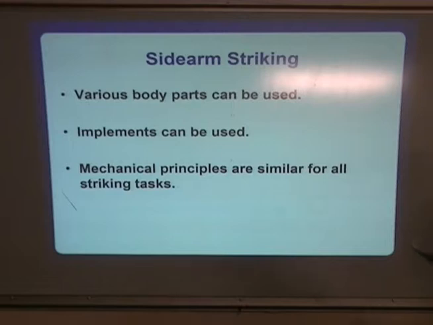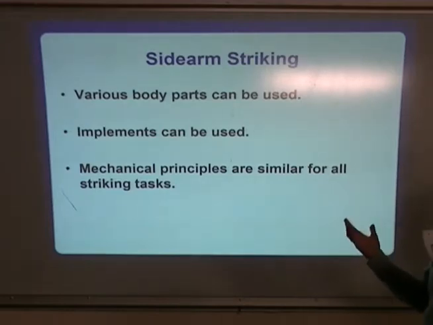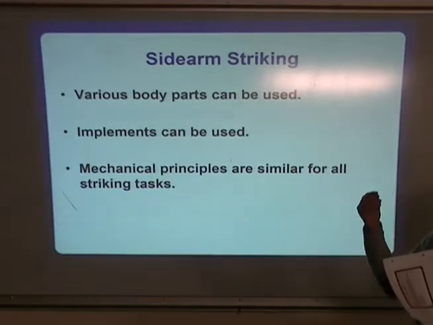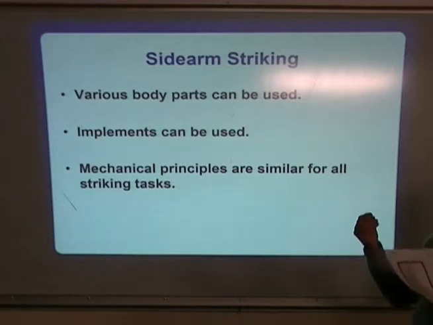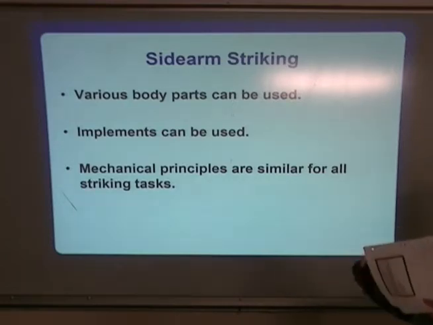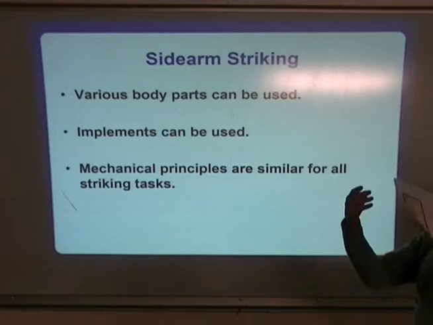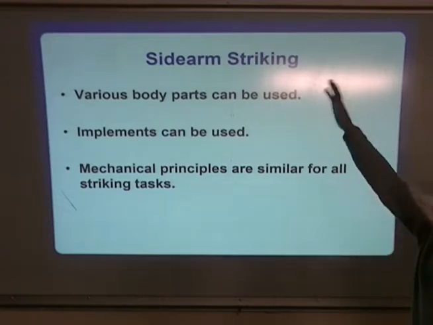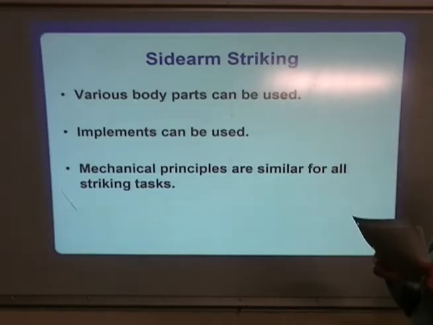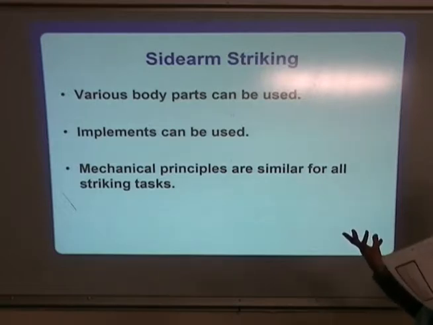Let's get this finished. Remember that we were looking at ballistic skills as a group. Although the skills look different, the mechanical principles are very similar. We have to apply a force to an object to project that object to point B. So proficiency often means maximum force and speed, not always.